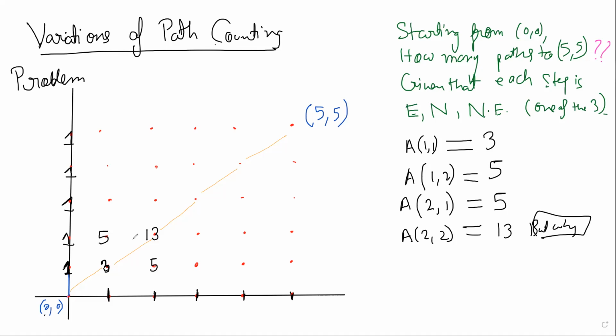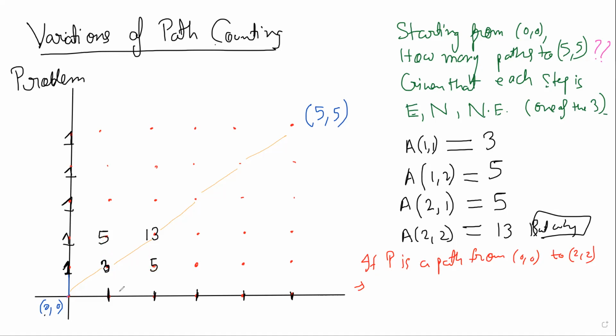Okay, see, any path from 0, 0 to 2, 2, I'll write a few things. If P is a path from 0, 0 to 2, 2, then in the second last step, in the penultimate step, it would either be here, here, or here.